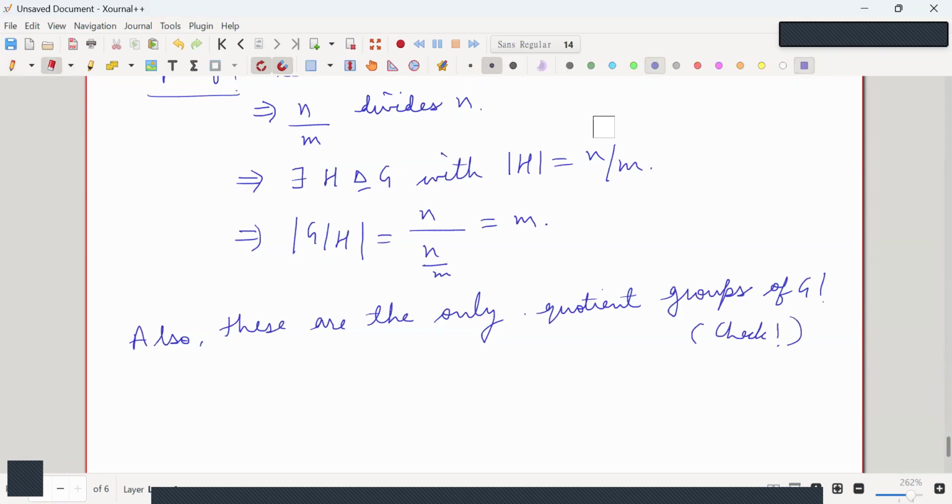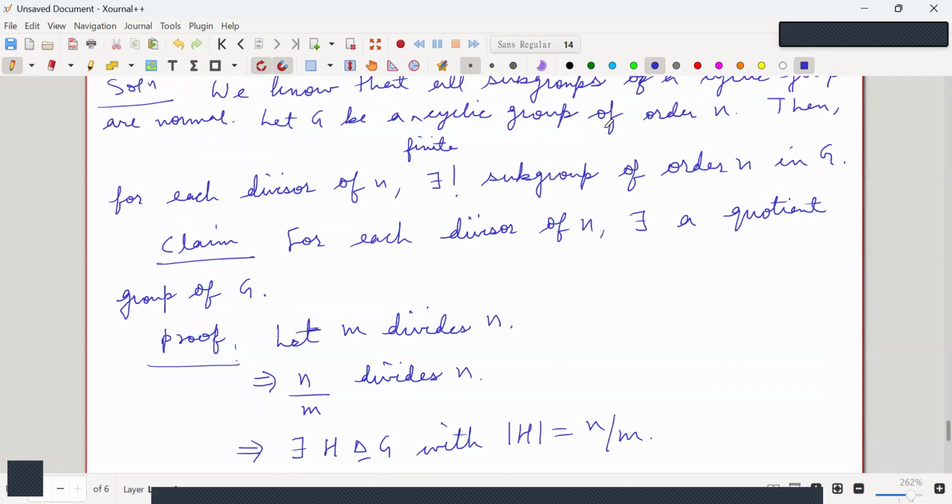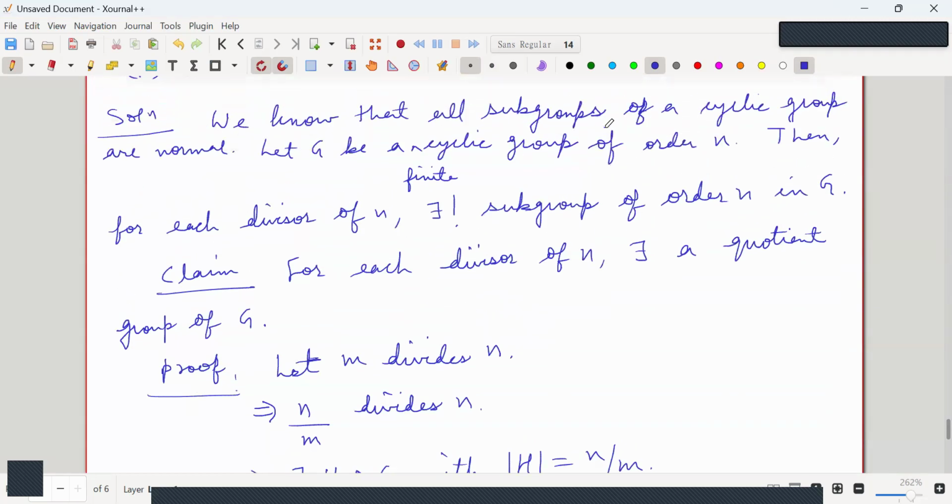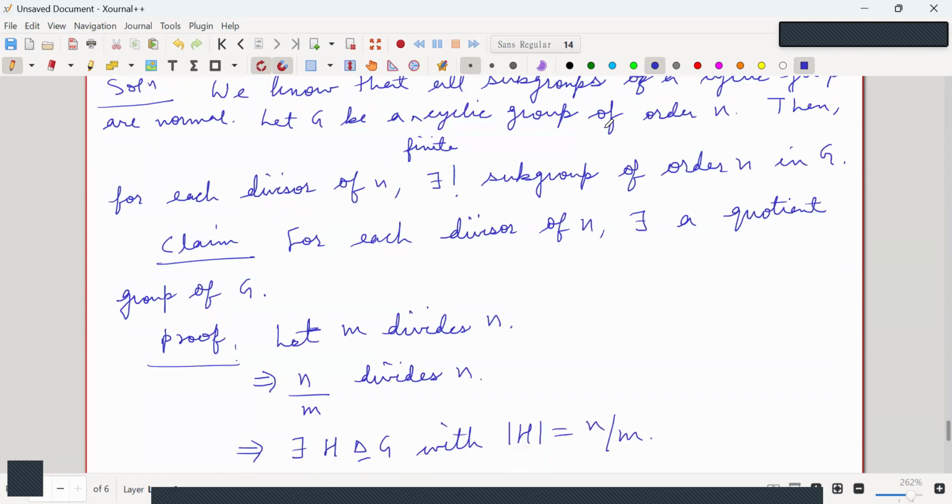Why? See, the subgroups are fixed, right? They are precisely those which correspond to a divisor of the order of G, and exactly one such. For each normal subgroup, you will get a unique quotient group, and you are actually getting all quotient groups corresponding to a divisor.